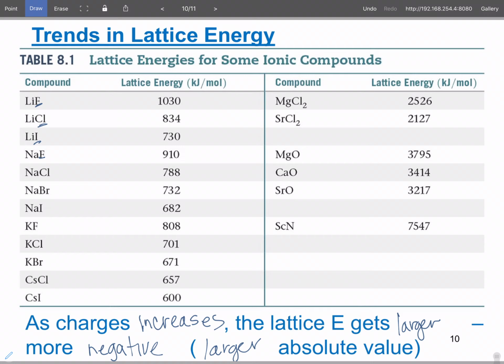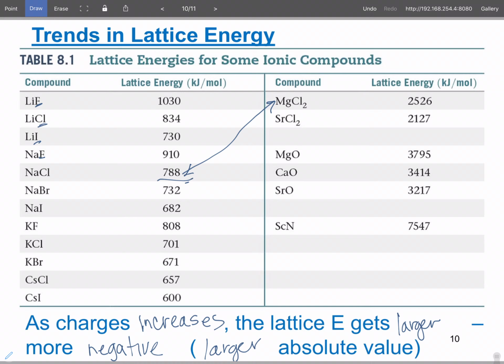But if you come over here and you look at different ones, so for example, if you look at your periodic table, magnesium and sodium are on the same group. So where's sodium chloride? Okay, so you're comparing, the chlorides are the same here.